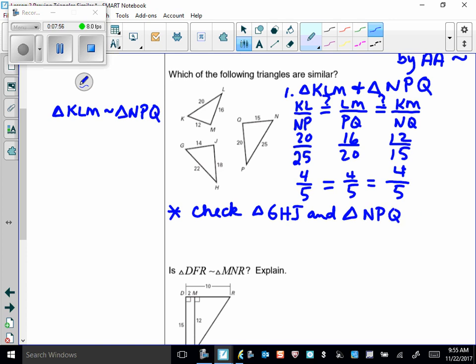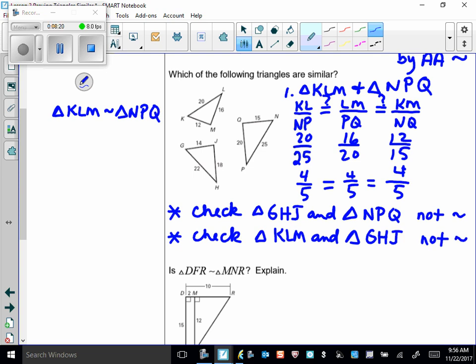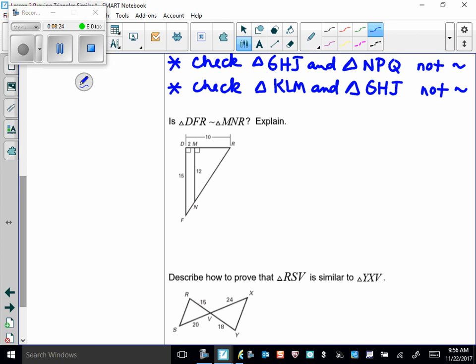And I'm going to tell you right now, they're not similar. But I do want you to do this for the exercise. And then you're going to check triangle KLM and triangle GHJ. Those are the two sets I didn't do. And once again, you'll find that those are not similar. But do practice that.